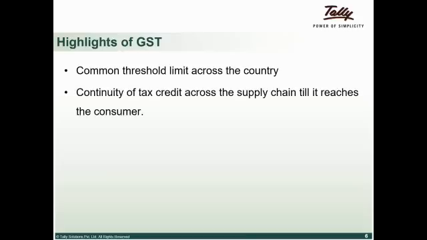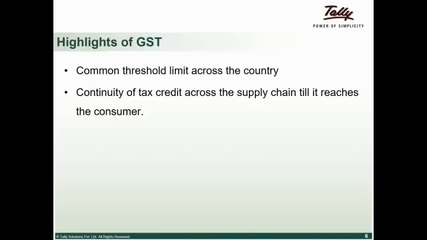businesses are concerned, right? So next is the continuity of tax credit across the supply chain till it reaches the consumer. Under GST, what is going to happen? The earlier example that I took was a manufacturer charging excise duty, and the dealer, since he is not covered under excise, cannot claim input tax credit.